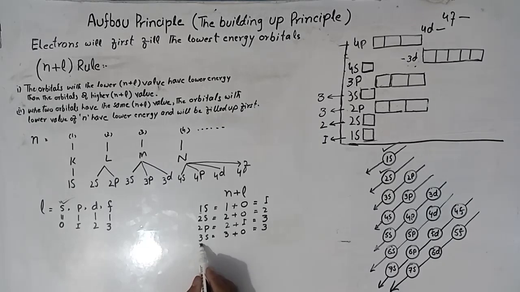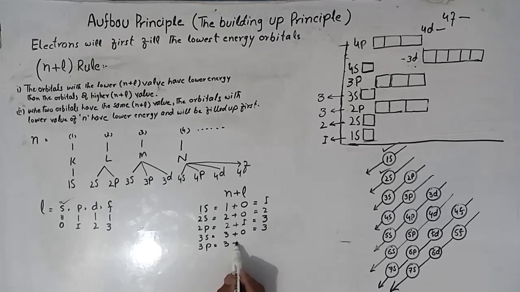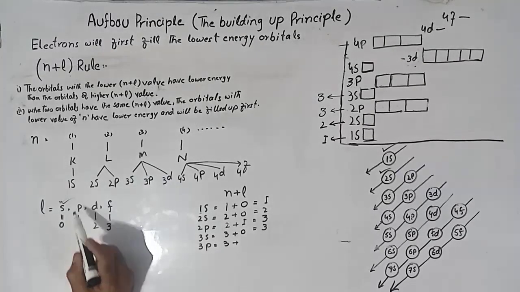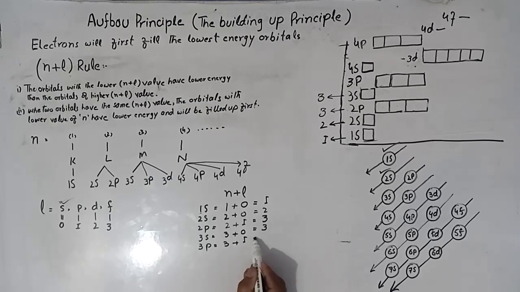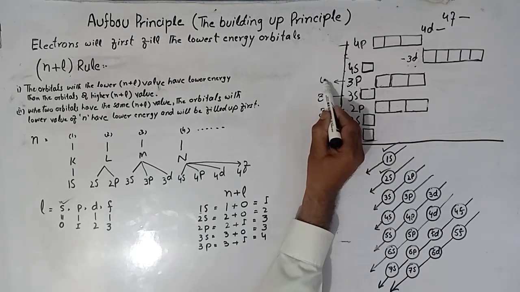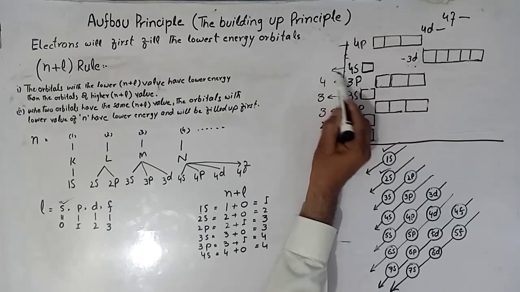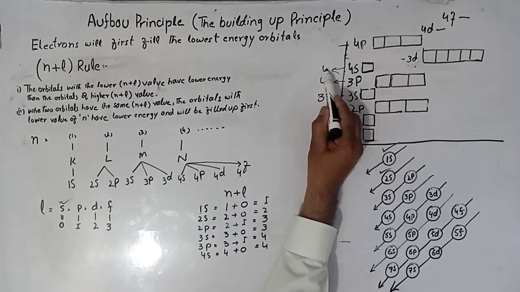For 3p, write 3 and for p write again 1. So 3 plus 1 is equal to 4. Write 4 here. For 4s, write 4 below n and for s 0. The value of 4s is 4.